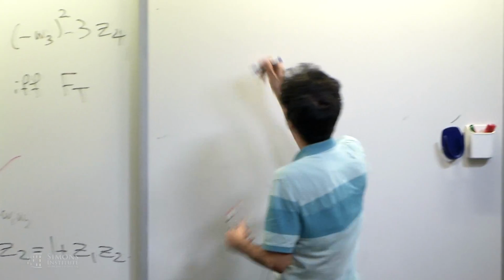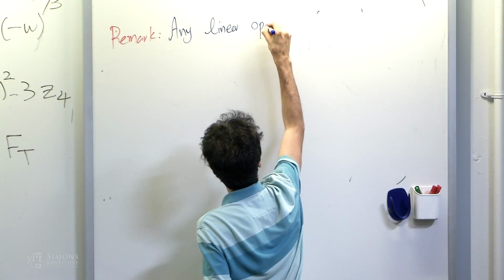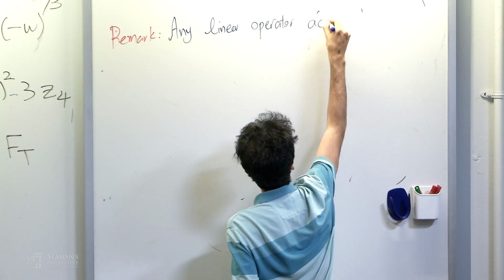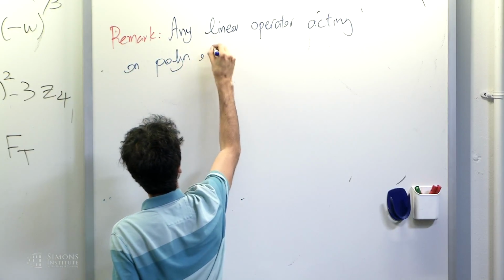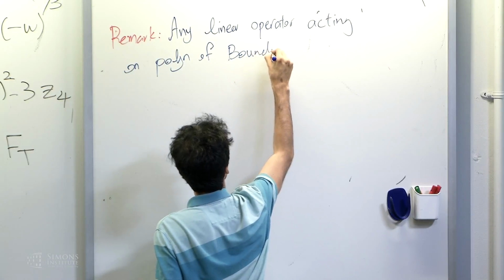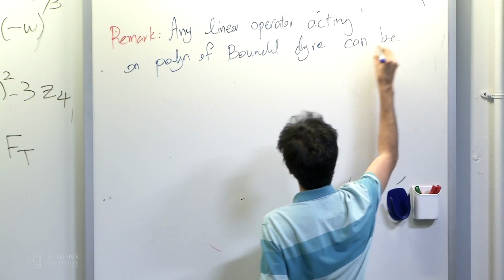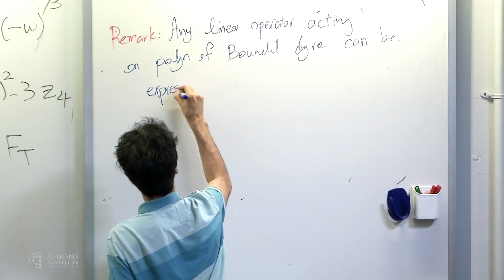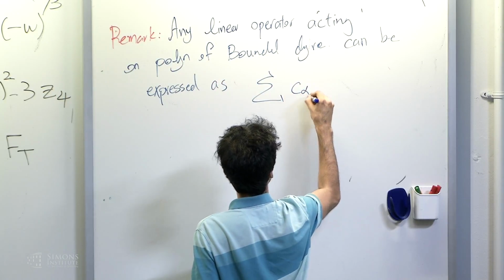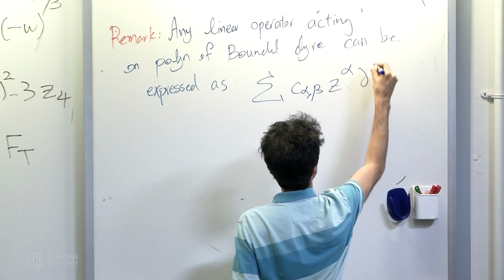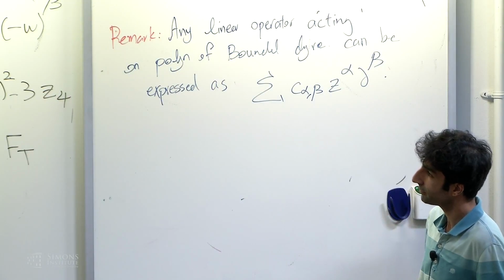Basically any linear operator acting on polynomials of bounded degree can be expressed this way, as this summation of C alpha. So it's a fairly general theorem.